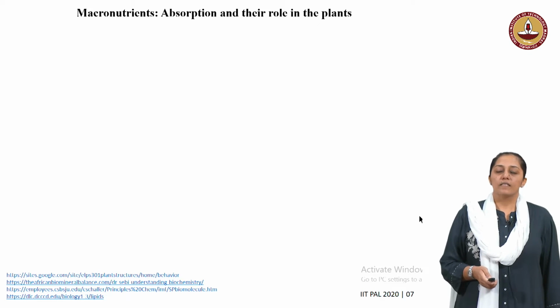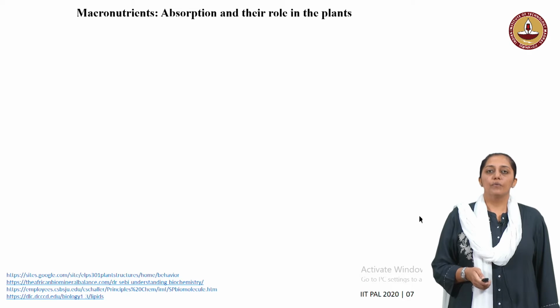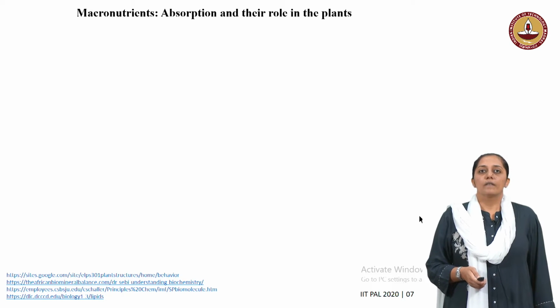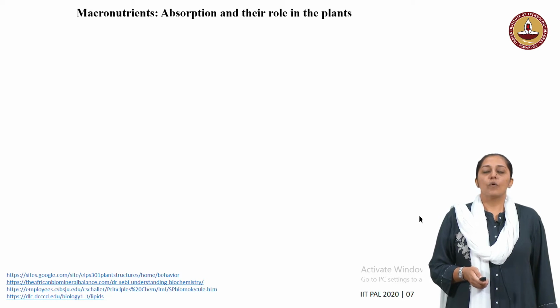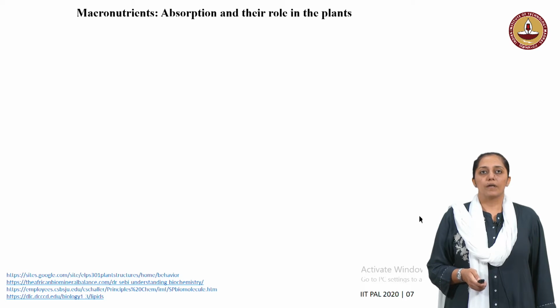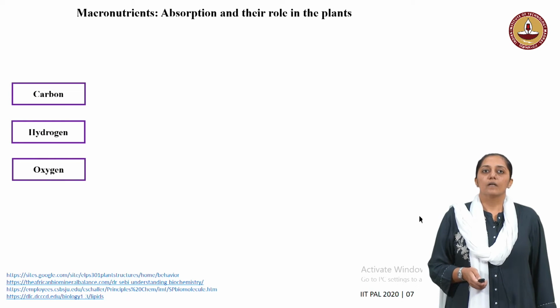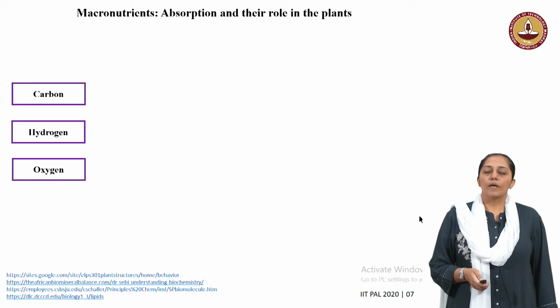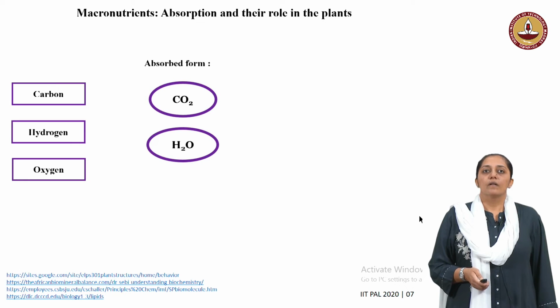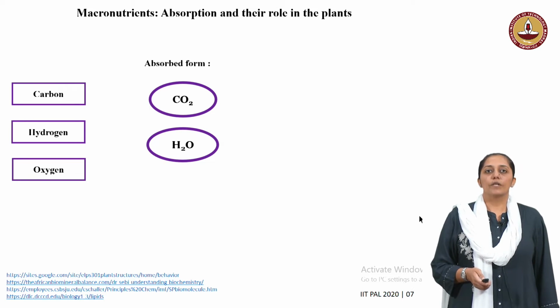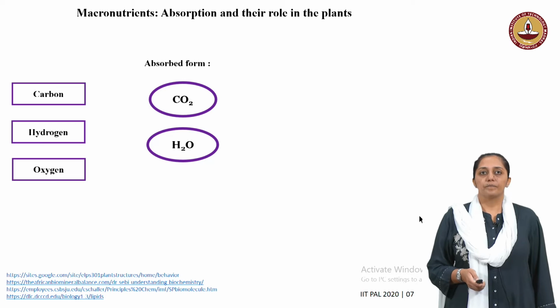Now let us see how these macronutrients are absorbed and what is their role in the plant. Talking about the three basic elements, carbon, hydrogen, oxygen, we all know that they are absorbed in the form of carbon dioxide and water vapor by the plant.